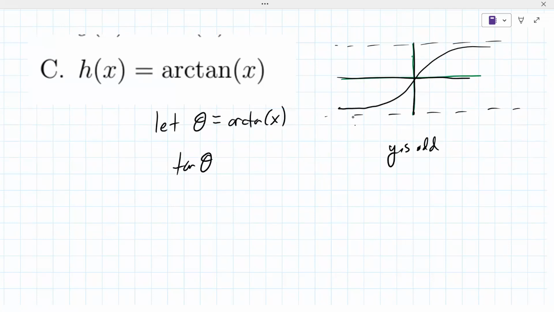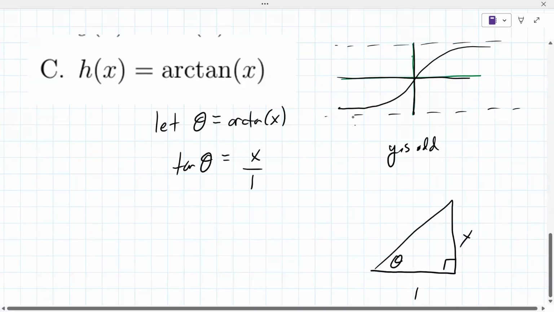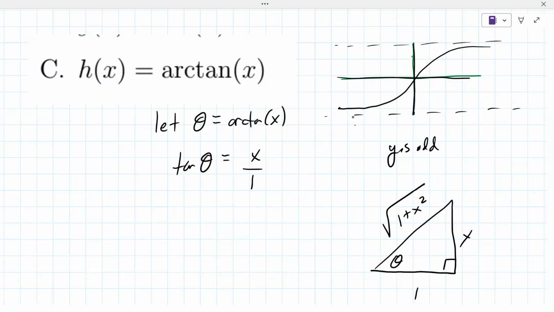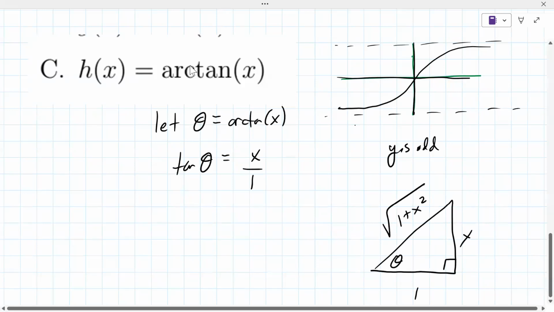Taking the tangent of both sides, tangent of theta equals x over 1. And so you can draw a triangle here, with hypotenuse the square root of 1 plus x squared.